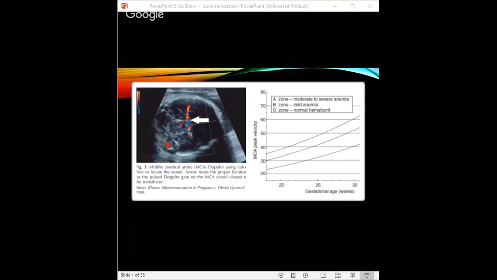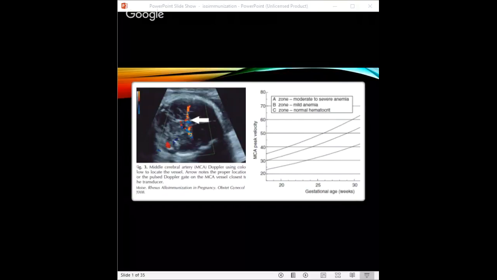Next question is from Sharice Marshall. She says, could you state the dose of postnatal anti-D prophylaxis again, please? So for the postnatal anti-D prophylaxis, the dose is based on the Kleihauer test, and based on your degree of fetal maternal hemorrhage, you give the required amount of anti-D for that.